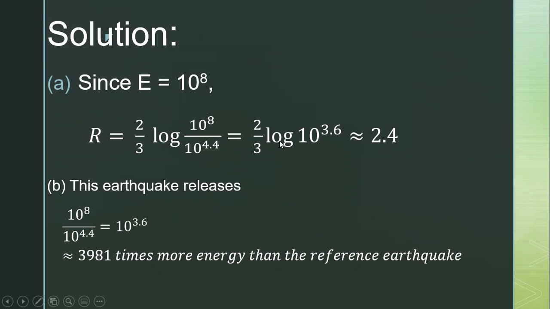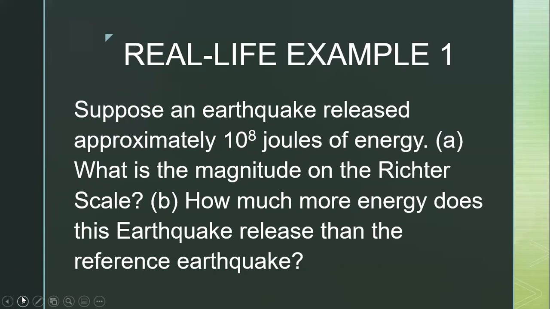Okay, so the logarithm of 10 raised to 3.6. Why is it 3.6 already? Remember, if we have the same base, all we have to do is subtract the exponents. 8 minus 4.4 is 3.6, and finding the logarithm of 10 raised to 3.6, multiplied by 2/3, is approximately equal to 2.4.